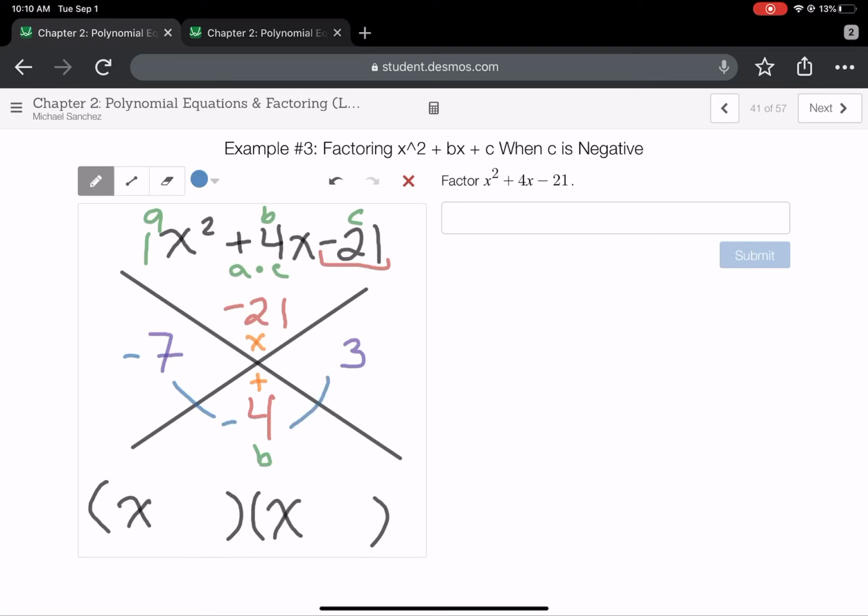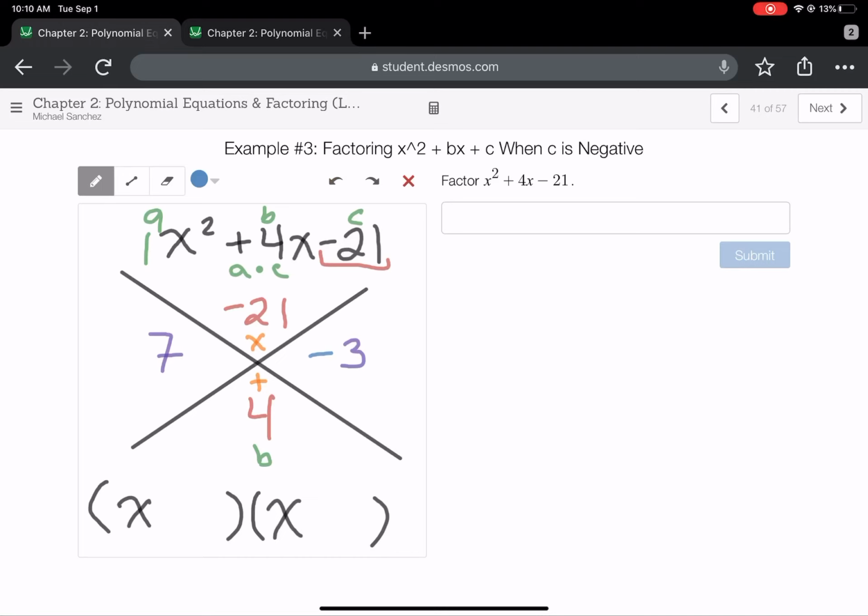It will actually give me a negative 4 because negative 7 is larger than 3. So that's an easy fix because now all you got to do is switch it over because this is still going to multiply to that. And then when you add the 7 and the negative 3 together, you're going to get a positive 4. 7 plus a negative 3 or 7 minus 3.